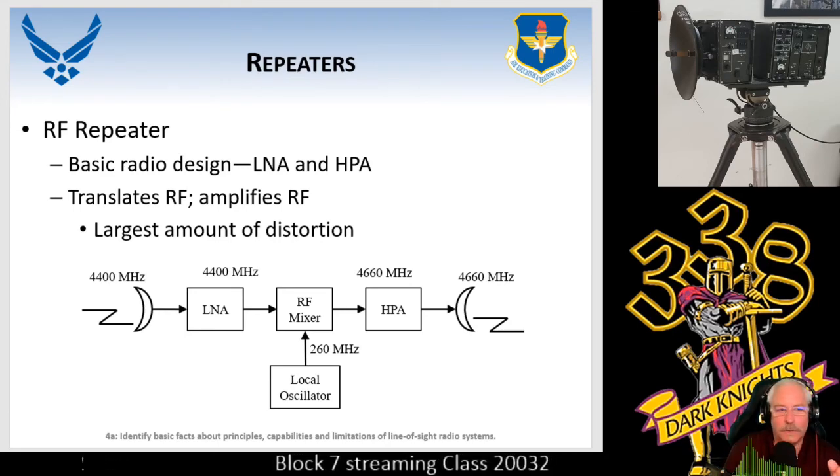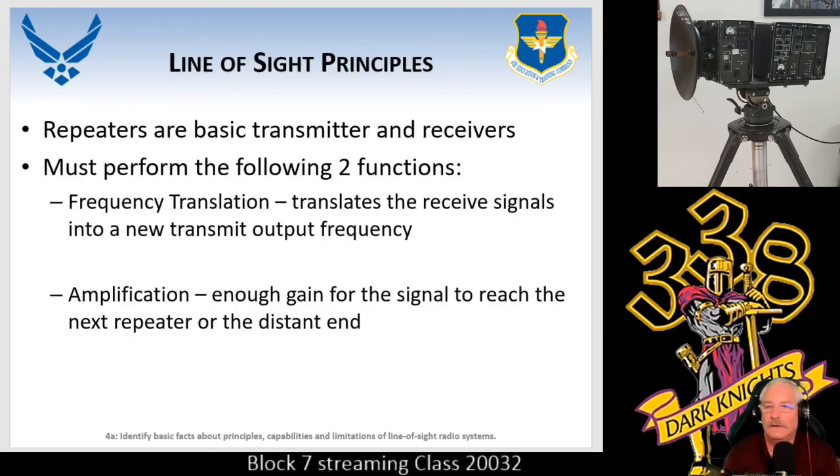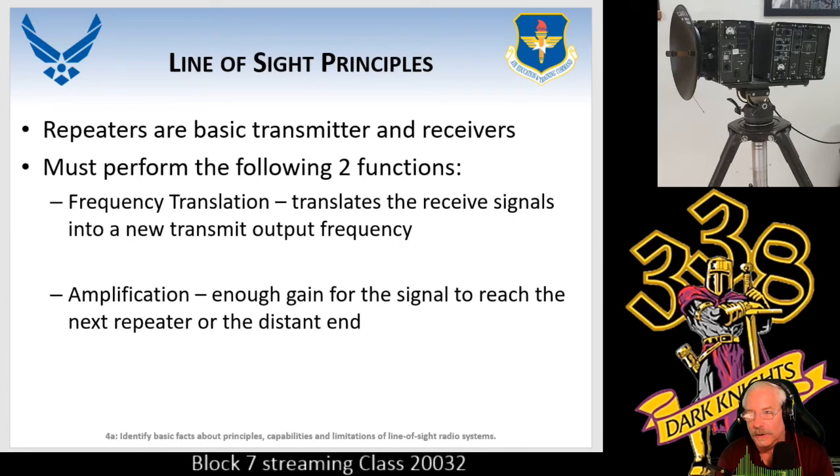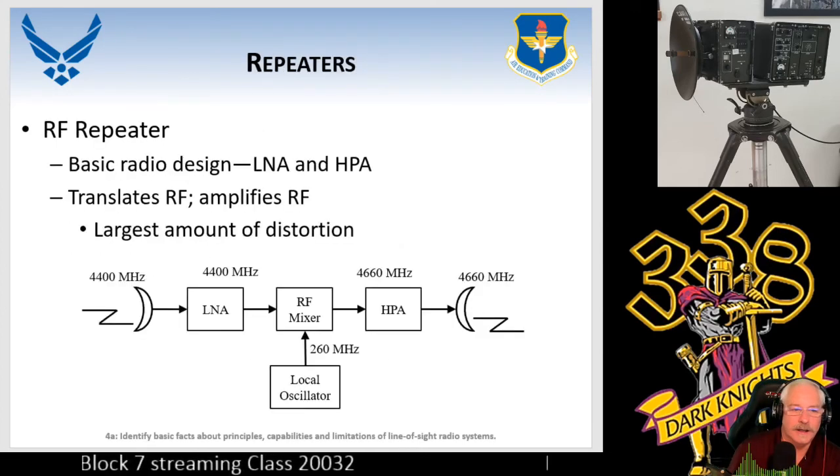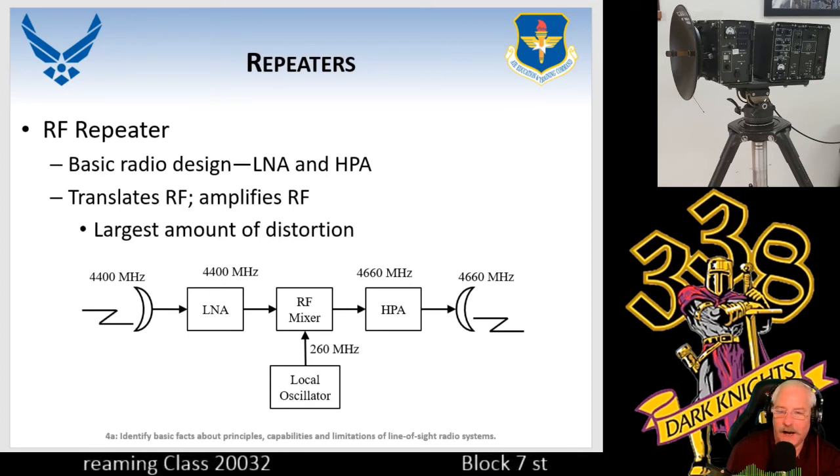Okay, well, let's go back 2 slides. What 2 features must the repeaters do? Frequency translation. What's the second one? Amplify. There you go. So where do we get it out of here? Here's your LNA and HPA. Those are your amplifications.